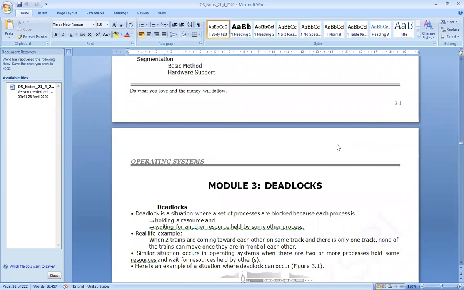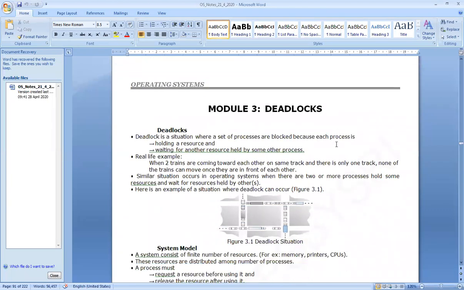The condition is that we should not make the process hold one resource and request another. Whenever the process wants to acquire one more resource, it should release the resource it is holding. But in this case, even though the process is holding one resource, it requests one more resource. That leads to a deadlock situation.